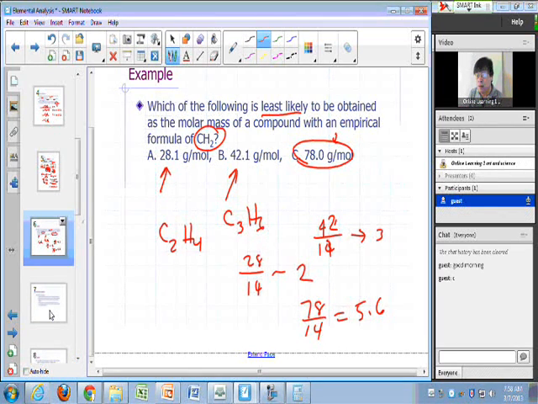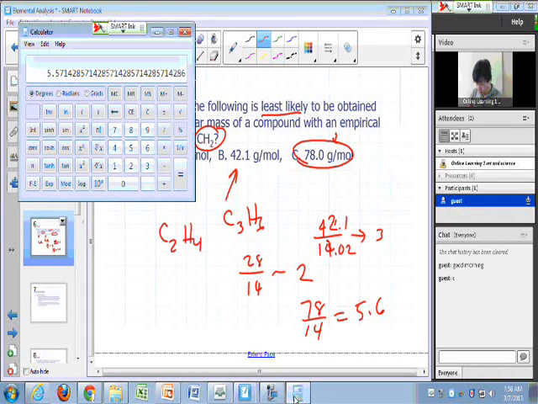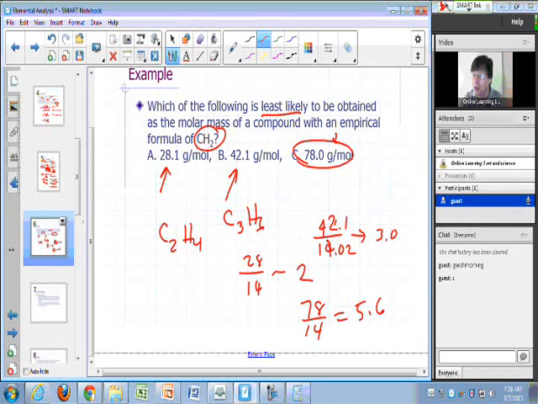All right. Now you may be asking, if you actually calculate these numbers, they are not going to be exactly whole numbers, like 42.1 divided by 14.02. If you actually did that, you get 3.003. Although if you only have 3 sig figs, that's still 3.00.